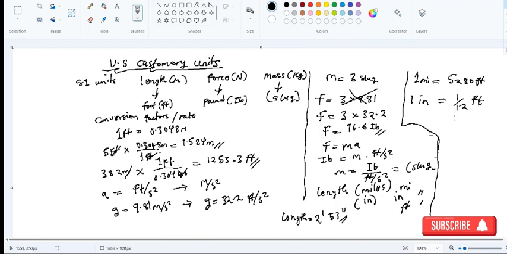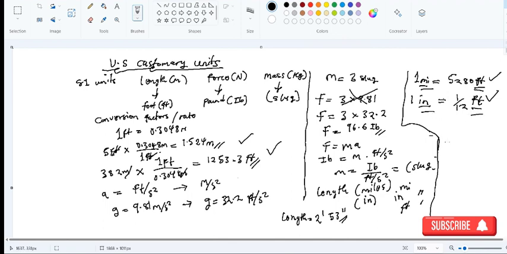So these are some of the conversion factors. Just like the way we applied it earlier, you can also apply this conversion rate when converting from miles to feet, or from feet to miles, and also when you want to convert from inches to feet or from feet to inches.